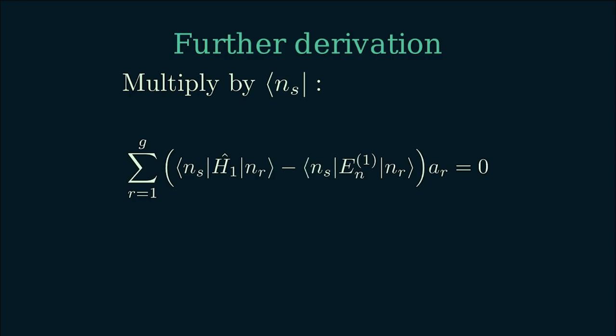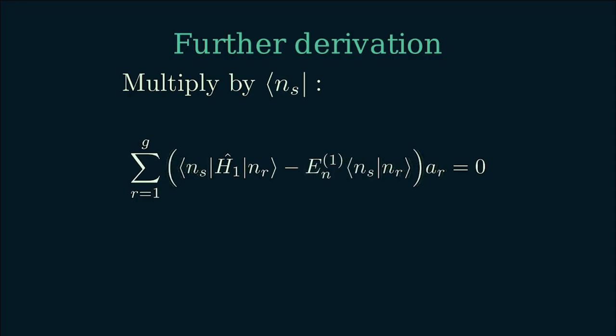So instead of a bracket with H1 minus En1 as the operator, now we have two terms, one with H1 as operator and the other with En1 as the operator. But remember, really, En1 is not an operator, it's just a constant. So we can pull it out of the bracket.